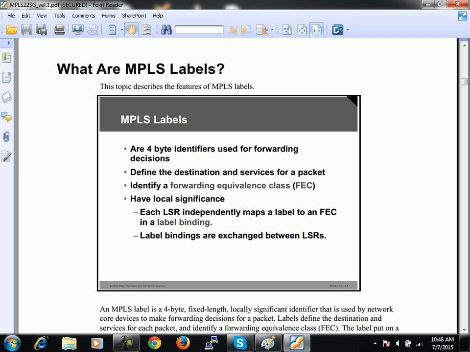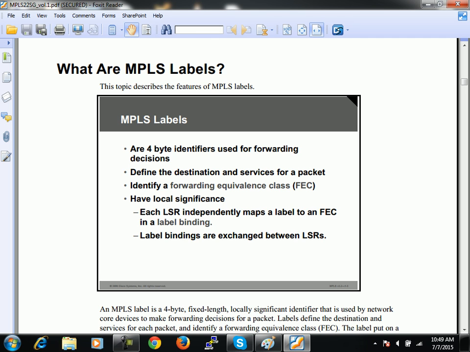The label also identifies your FEC, forwarding equivalence class. Now you will be confused. What is the meaning of FEC? Forwarding equivalence class: a group of all those packets which are forwarded over the same path in the same manner is known as one FEC.